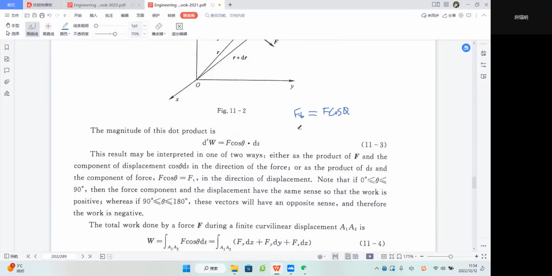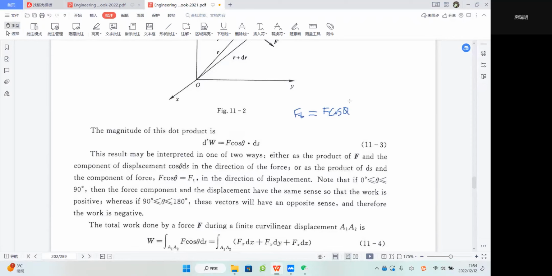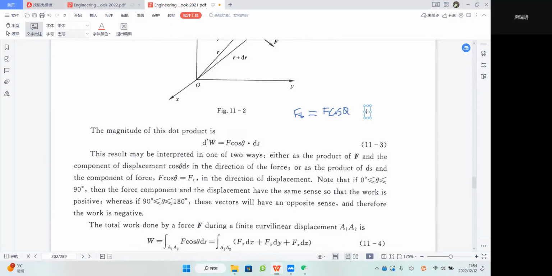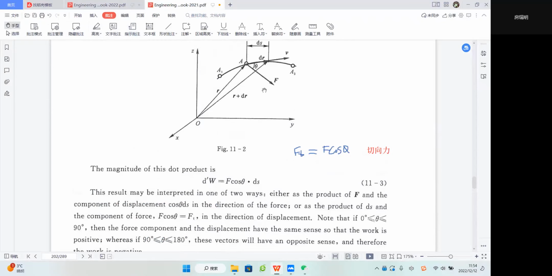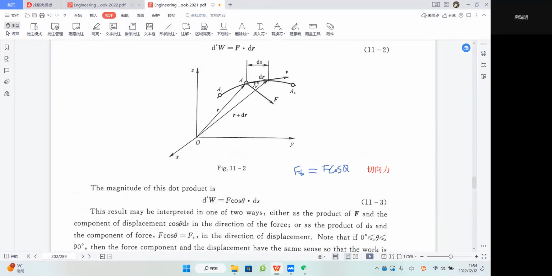We use t to mean, in China we always call that 切向力, the tangent line direction.